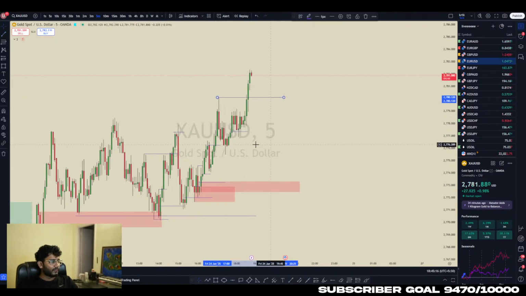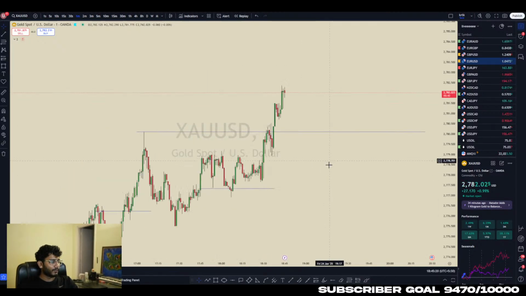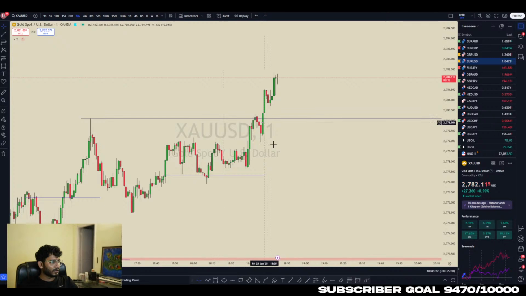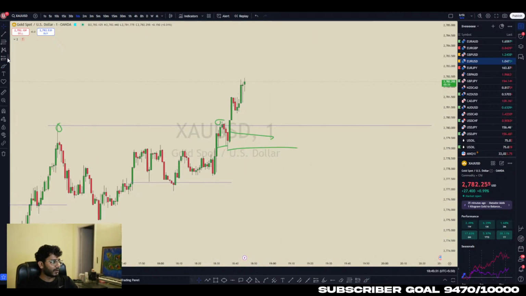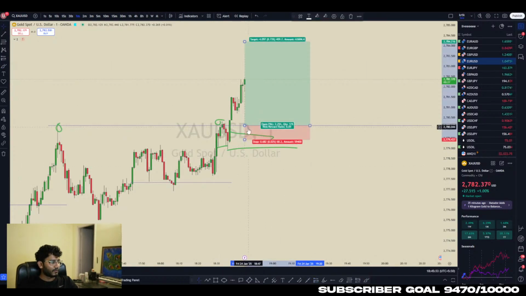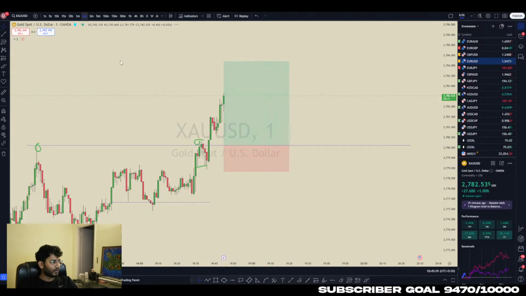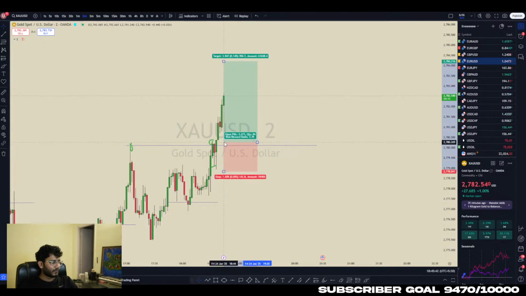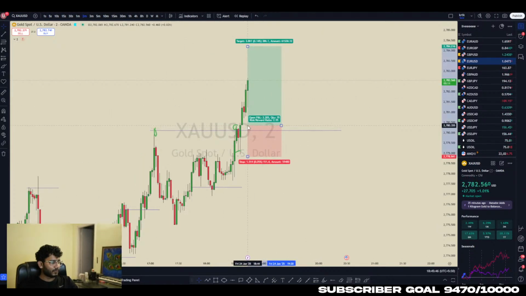Right now price has broken the structure over here, so let's try to catch a 1 minute trade. Here on 1 minute, price broke the structure and created a new one. This candle induced everything, so we can enter at this also. Like a small scalping trade we can take over here, because this candle took out.